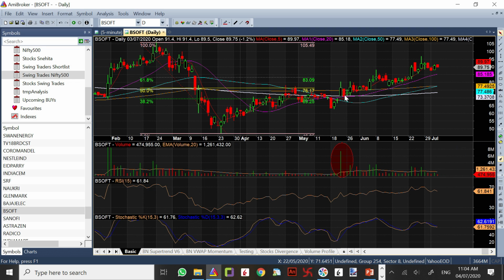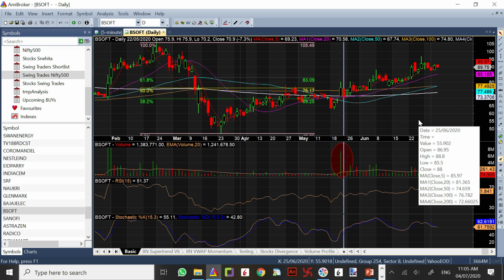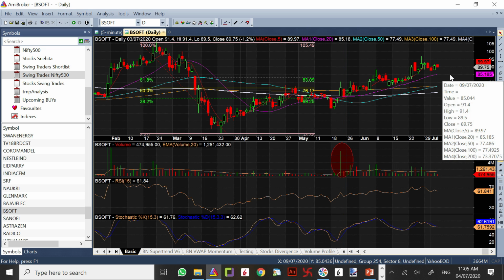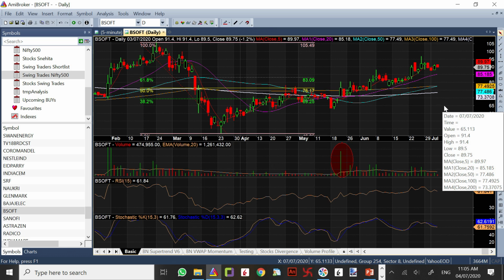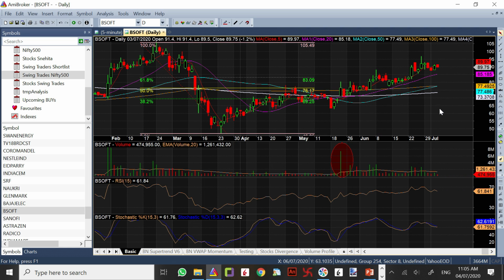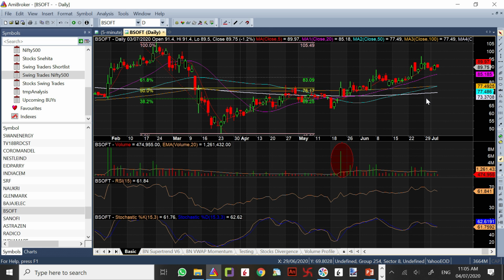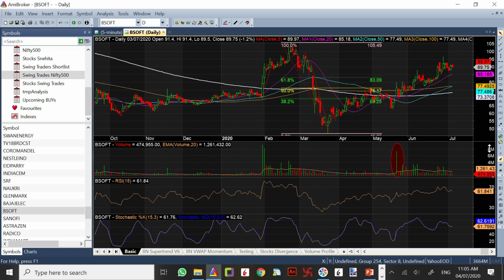So this day you would have bought, whichever day you got it, you'd have a good 25-30% already, or you could still be holding even now if your trade management exit rules are not hit yet, right? Those are a couple of examples where, in fact, I have personally traded these stocks based on this method.